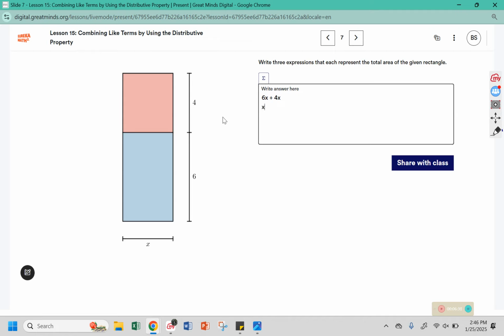I could also think of it as the product of the base times the height, and the height of the whole thing is this 6 plus 4 piece. Or I could think of it as the total height. 4 plus 6 is 10, so this is x times 10. But we can rewrite that as 10x.